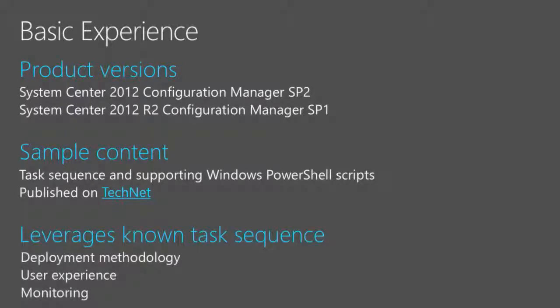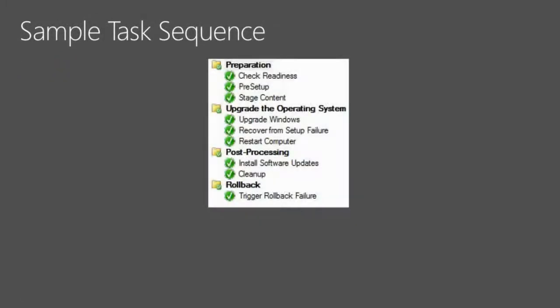We're using the task sequence for upgrade because it's an existing process that's well known. The user experience is consistent, so they'll still see the common, wonderful task sequence engine, the Progress UI. And then finally, all the reporting and monitoring that the administrator does on the back end, that's all consistent as well. So let me walk through the task sequence as it is today.